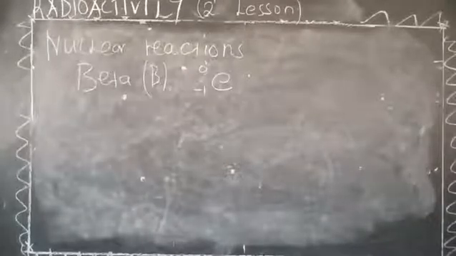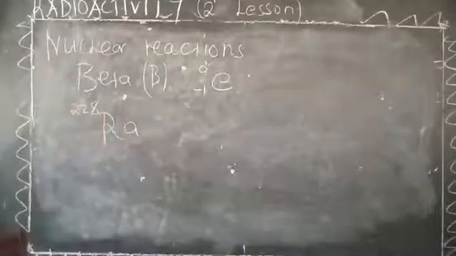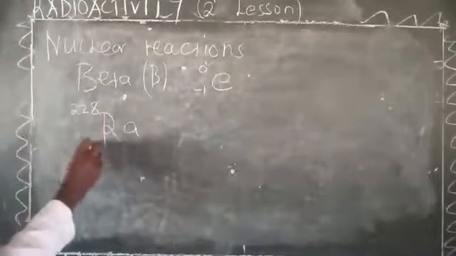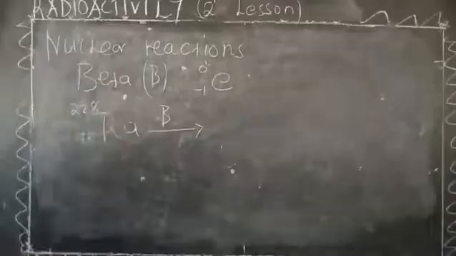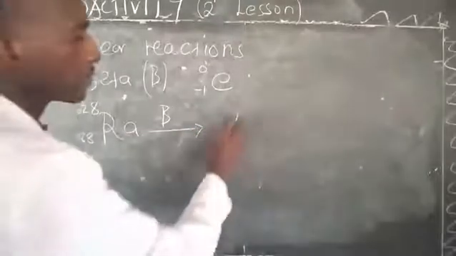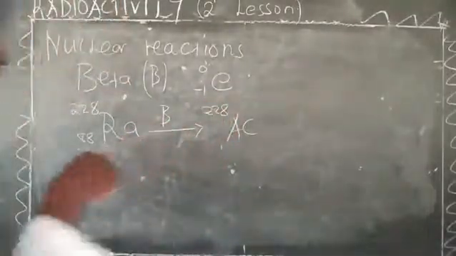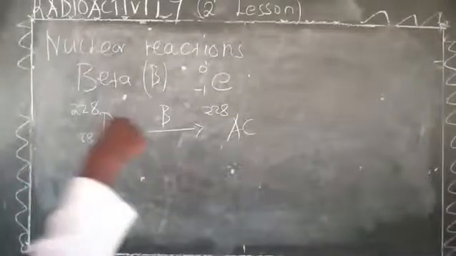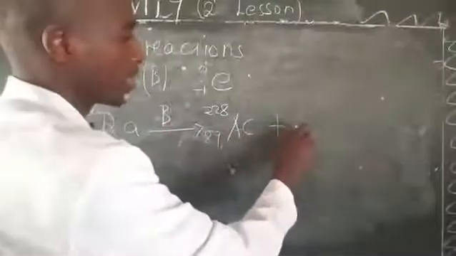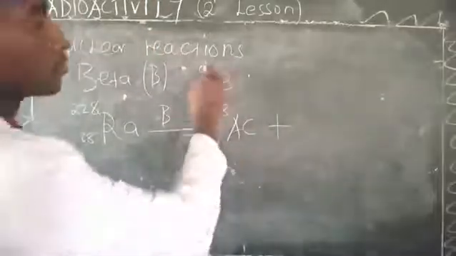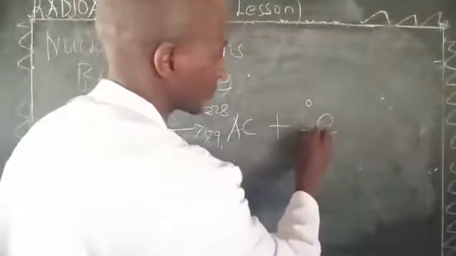So radium with a mass number of 228 and an atomic number of 88 undergoes a beta decay to give us actinium that has a mass number of 228 and an atomic number of 89, and then we have what we are calling the beta particles, which are basically electrons with a 0 and an electric charge of -1.